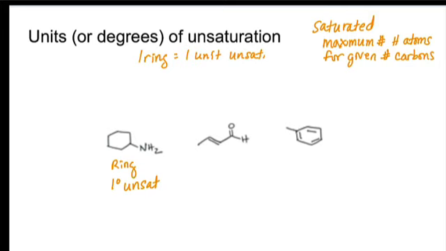Another feature of compounds that reduces the amount of saturation is multiple bonds. This second compound has 2 of them. It has a carbon-carbon double bond and a carbon-oxygen double bond. So 2 double bonds, and each double bond is also going to reduce the number of hydrogens that can be on this molecule for the given number of carbons by 2.